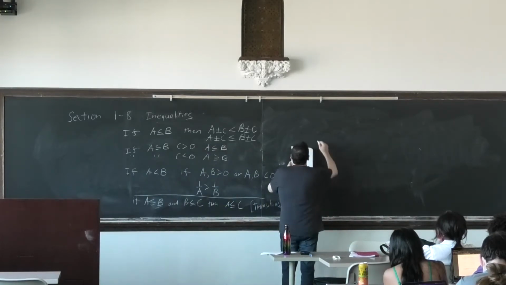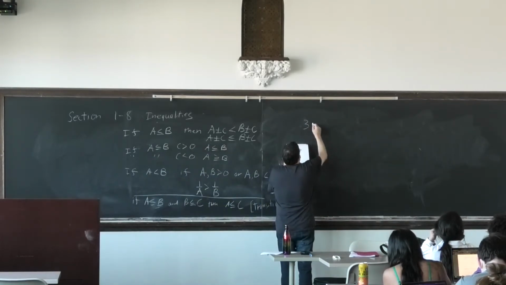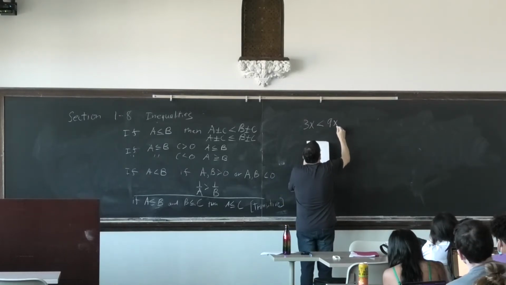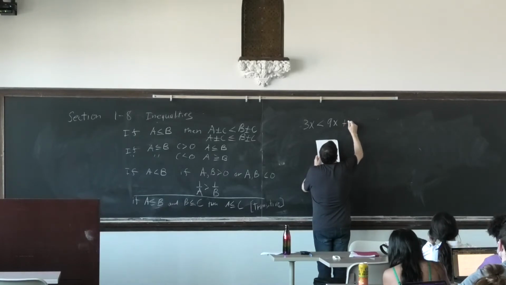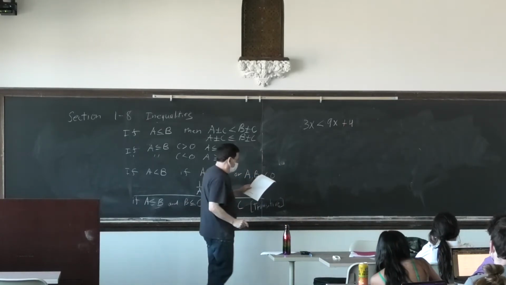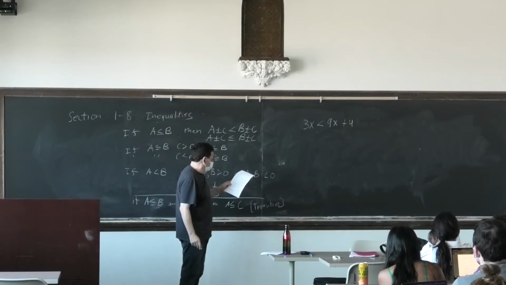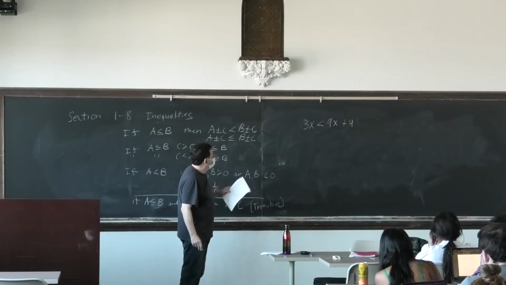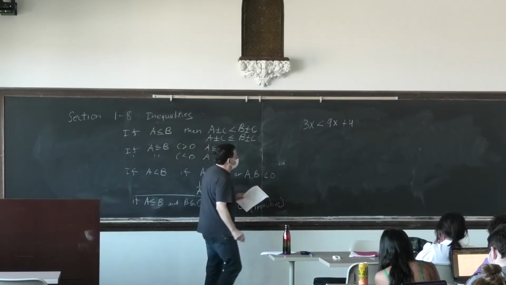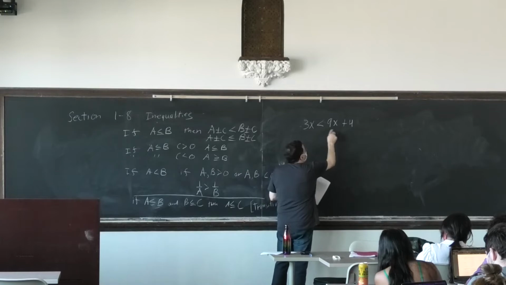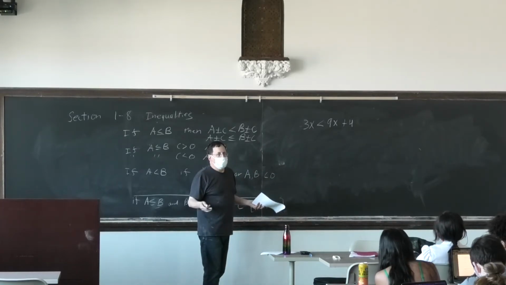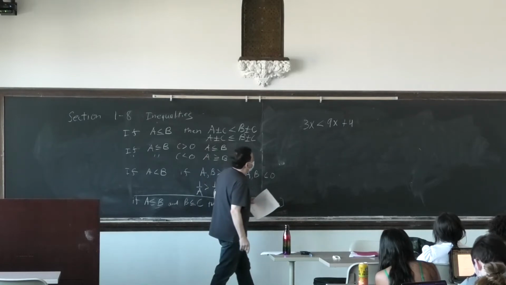So, problem: 3x is less than 9x plus 4. I want to solve this, and I want to sketch it. Fortunately, I can add or subtract something from either side without changing the inequality.